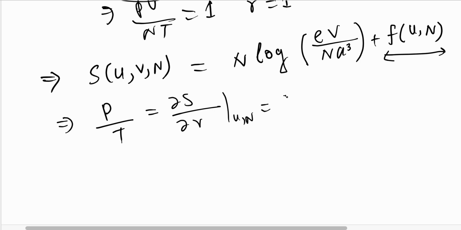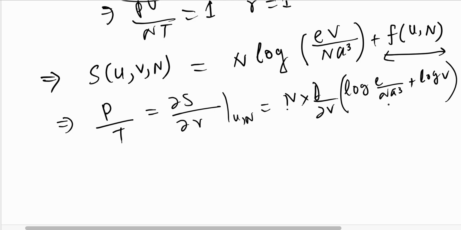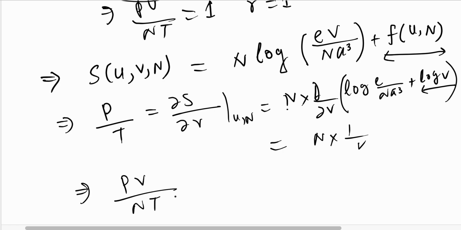N is there, so we get N del V of log of e by N lambda cubed plus log of V. The derivative of the term without V is 0, and the derivative of log V gives 1 by V, so that means PV by NT is equal to 1.